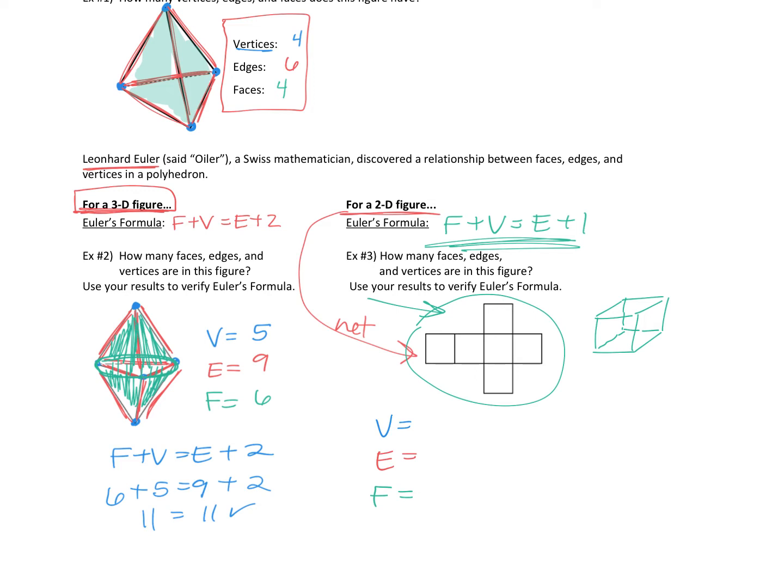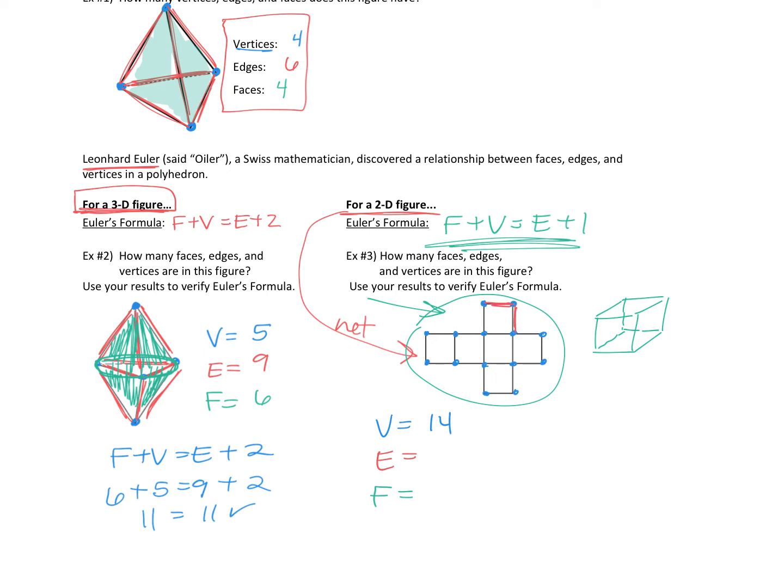All right, let's take a look. So your vertices, 1, 2, 3, 4, 5, 6, 7, 8, 9, 10, 11, 12, 13, 14. Okay, so there's 14 vertices. Edges are all the segments that connect those, right?